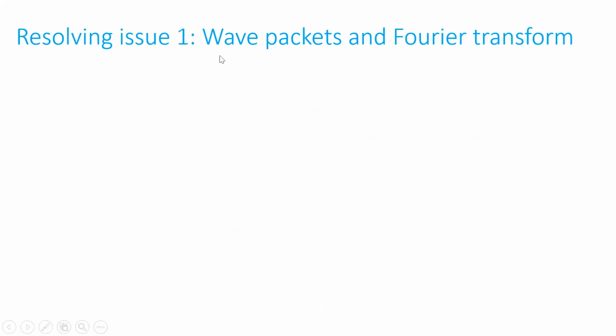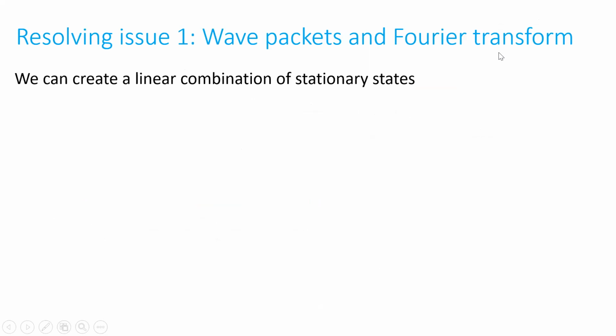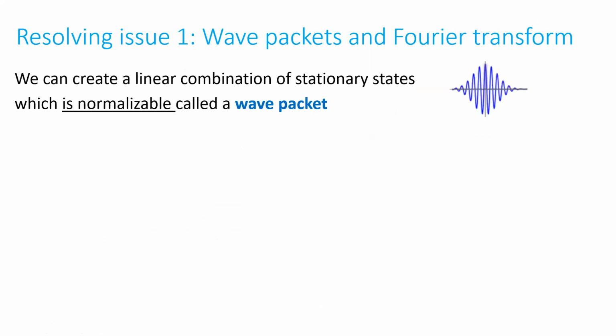Resolving issue 1, we introduce the concept of a wave packet and also the mathematical idea of a Fourier transform. We can create a linear combination of these harmonic stationary states which is normalizable, called a wave packet. This is a picture of a wave packet.